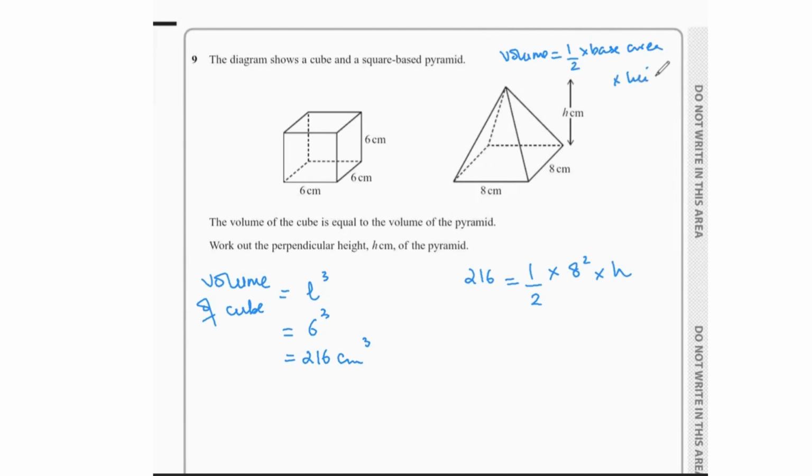So 216 times 3 equals 64 times the height. Divide that by 64, and that is going to give us 6.75 centimeters as the height.